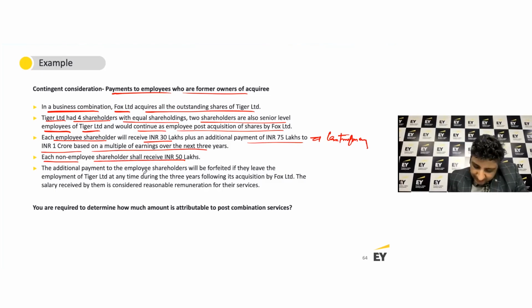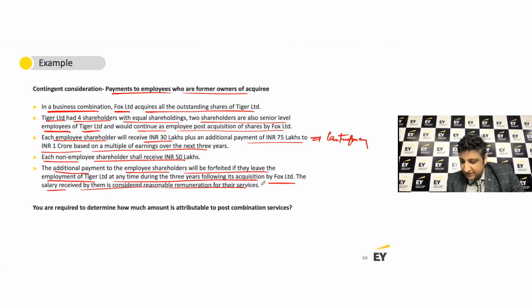It says further, the additional payment to the employee shareholders will be forfeited if they leave the company anytime during 3 years. The salary, by the way, which is payable to them in general, is a reasonable remuneration for their services. The question is, determine how much of this amount is attributable to the post combination services. Okay.